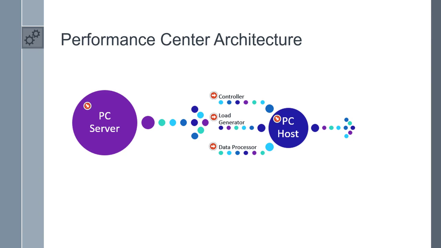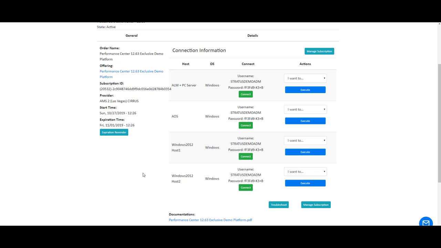So, enough talk. I'm going to do a performance testing demo. On this demo, we're going to be running the service in AWS. We have four servers at hand, and we have ALM and Performance Center server sitting on one machine, and we have the application under test, which is AOS, Advantage Online Shopping, which is a web application.